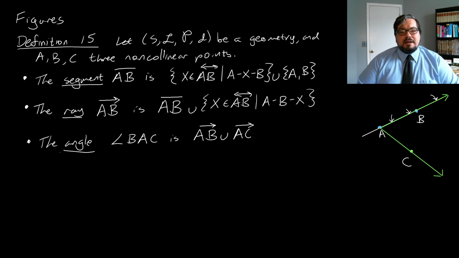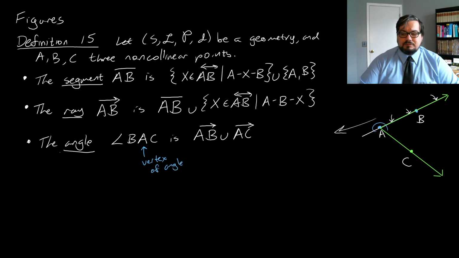Notice that for the ray and the angle, the order that we write things down in matters. The ray AB is different than the ray BA. The ray BA would go the other direction here. And similarly, with the angle BAC, the middle point here is the vertex of the angle.